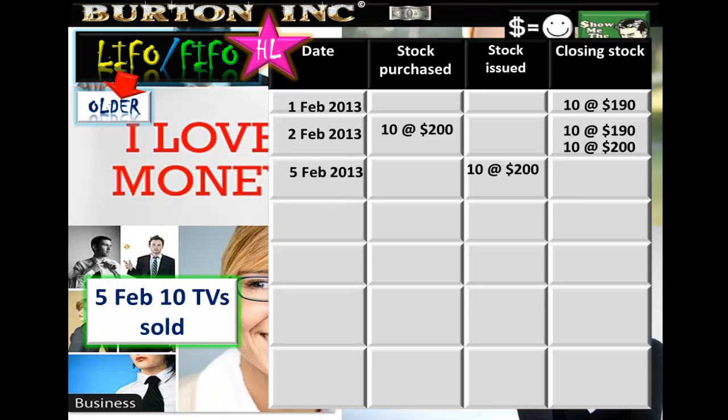Whether it's LIFO or FIFO would determine which valuation we're going to pick and choose from. We're looking at LIFO, we want to leave ourselves with our older stock, we want to issue our newer stock first. So on the 5th of February 2013, when we issued 10 TVs, we issued the newer TVs. So 10 at $200, which would leave us with our older TVs only in stock at the moment.